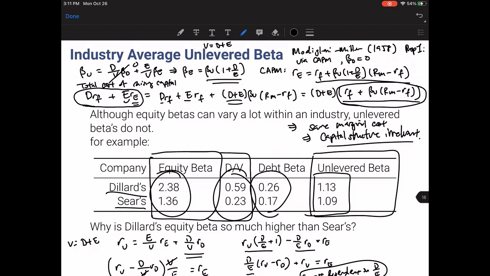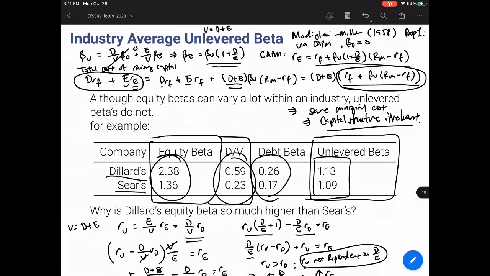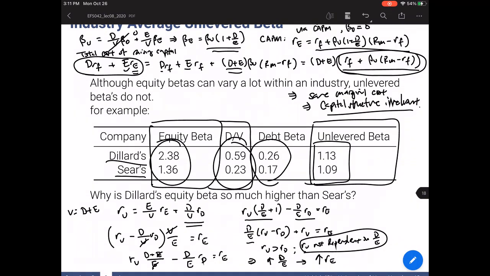We can go into it more if people have questions, but I'm presenting it here just to show you that once we establish capital structure irrelevance, we then have to conclude that there is a mechanical relationship between leverage and equity beta. And this is unrelated to things like default risk, right? This is just mechanical based on what we know and what we assumed in this class. Okay?